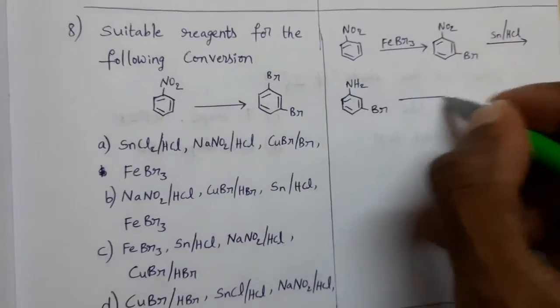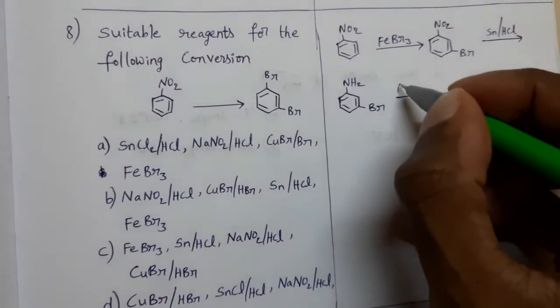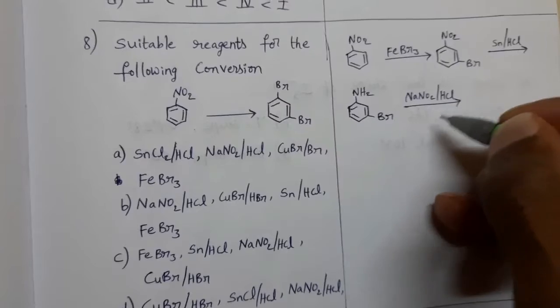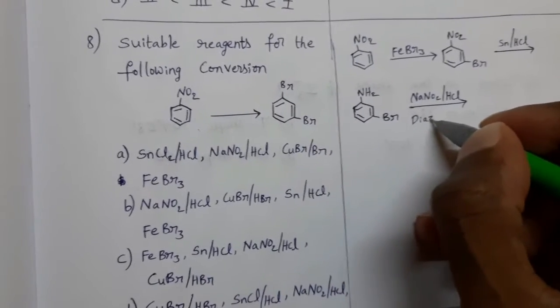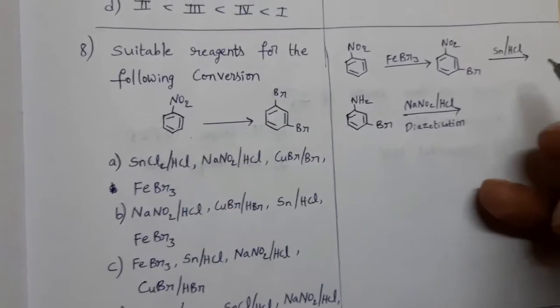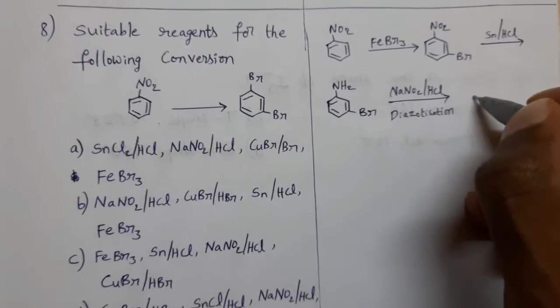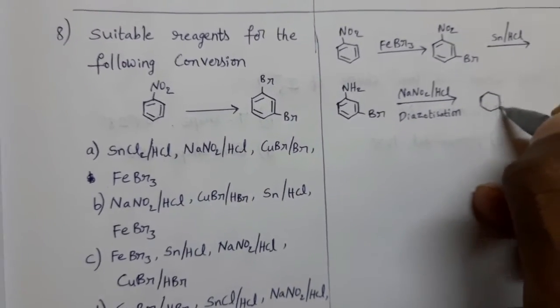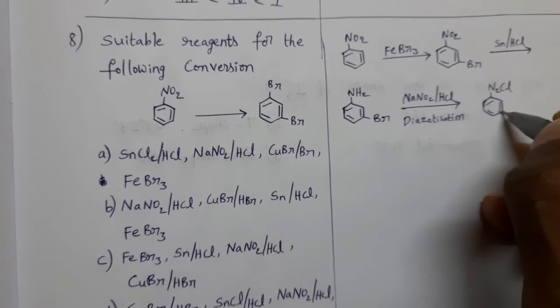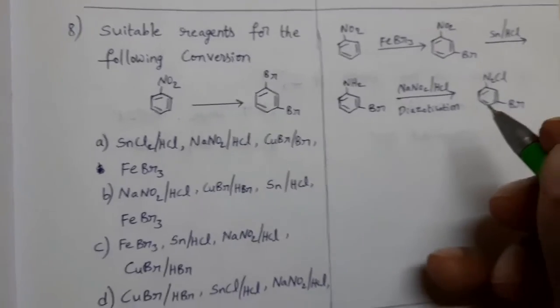Next, this compound is treated with sodium nitrite plus HCl. This is nothing but diazotization. What is the product of diazotization? The NH2 group is converted to N2Cl, a diazonium salt. Okay.